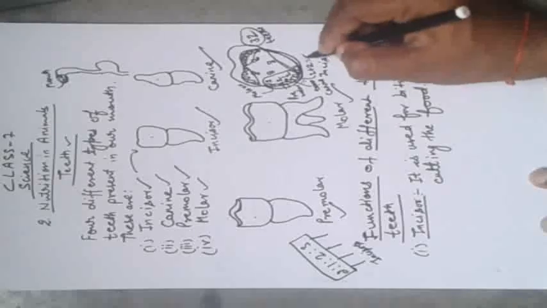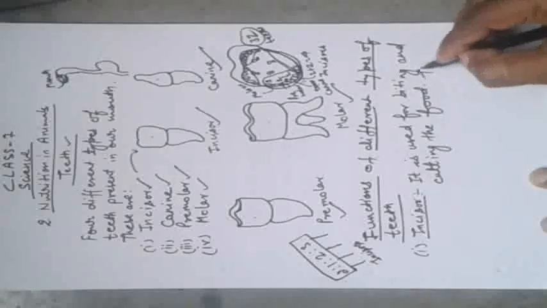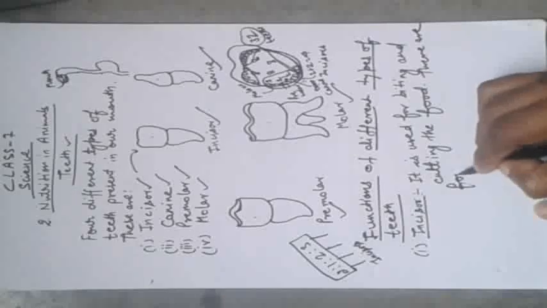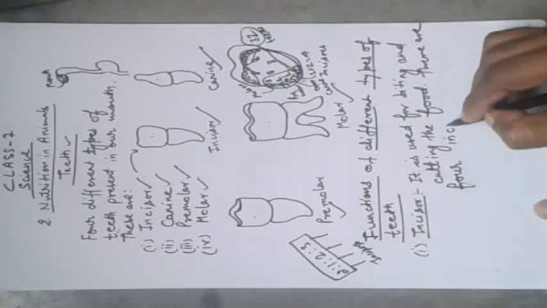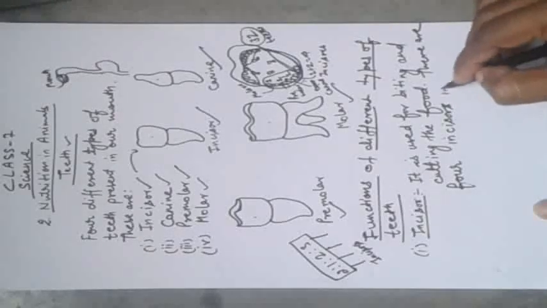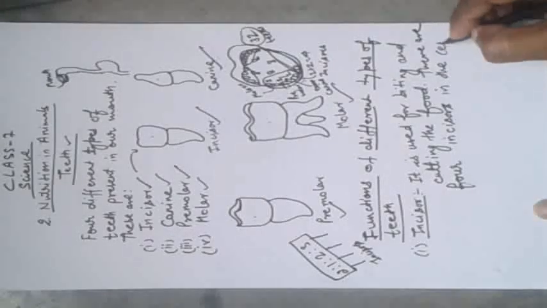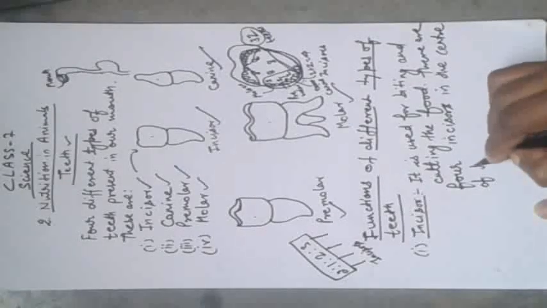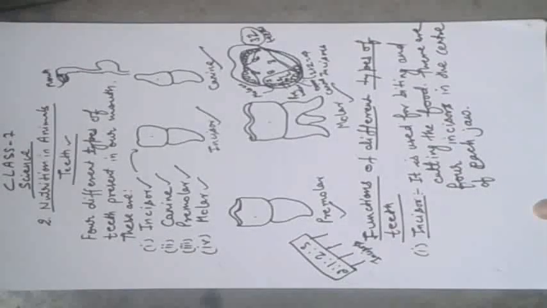If we add 2 plus 2, we get 4 teeth. So we can say that there are 4 incisors in the center of each jaw.